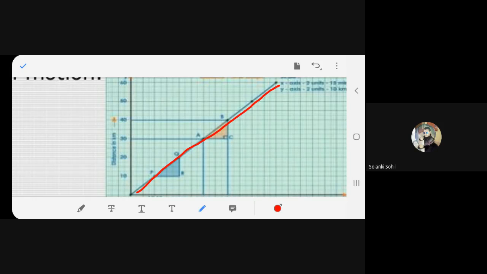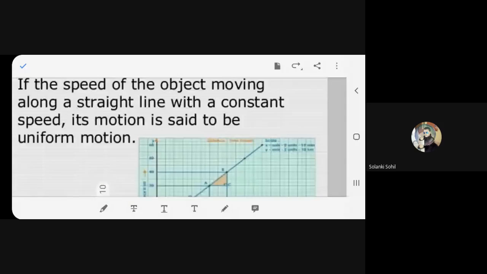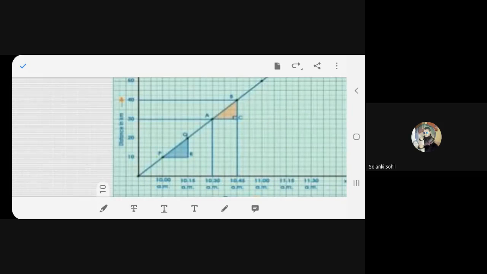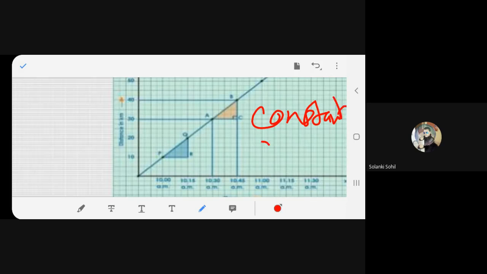So it is uniform motion. Have you understood this much? The uniform and non-uniform motion. This has got constant speed, and non-uniform has got different speed. Got it?